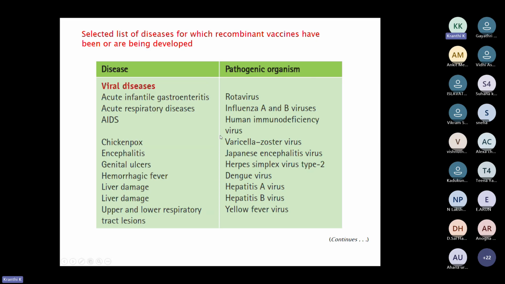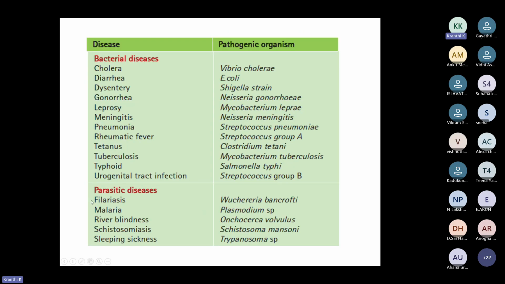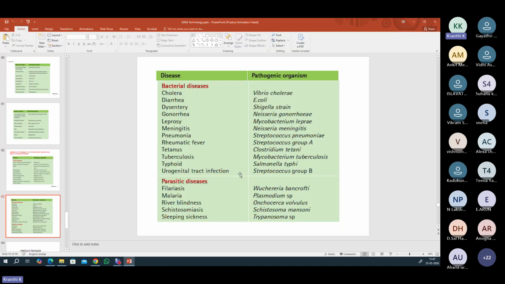Some are still being developed, like rotavirus, chickenpox, encephalitis, genital ulcers, liver damage, upper and lower respiratory tract lesions, dysentery, gonorrhea. A lot of vaccines we are developing using this technology. This is called rDNA technology. Clear? I hope you understood the rDNA technology.